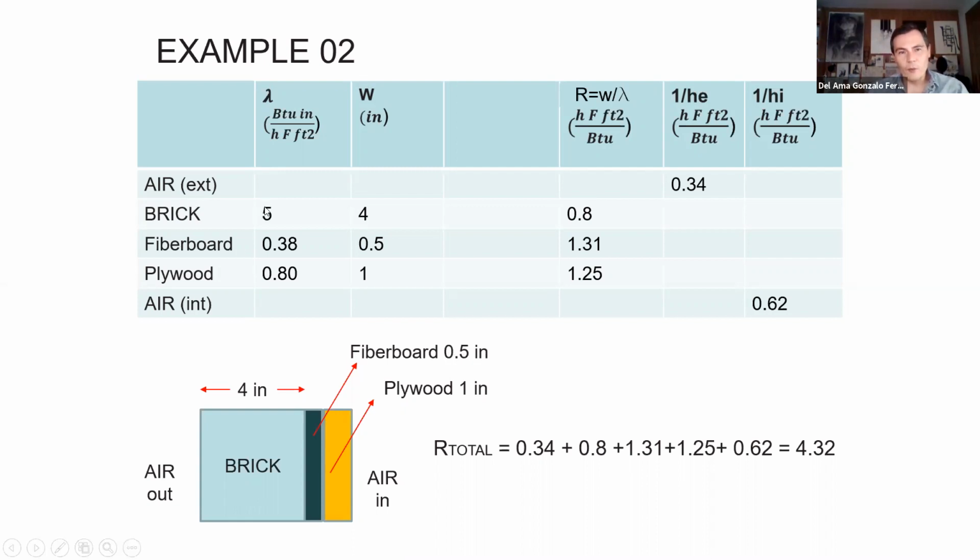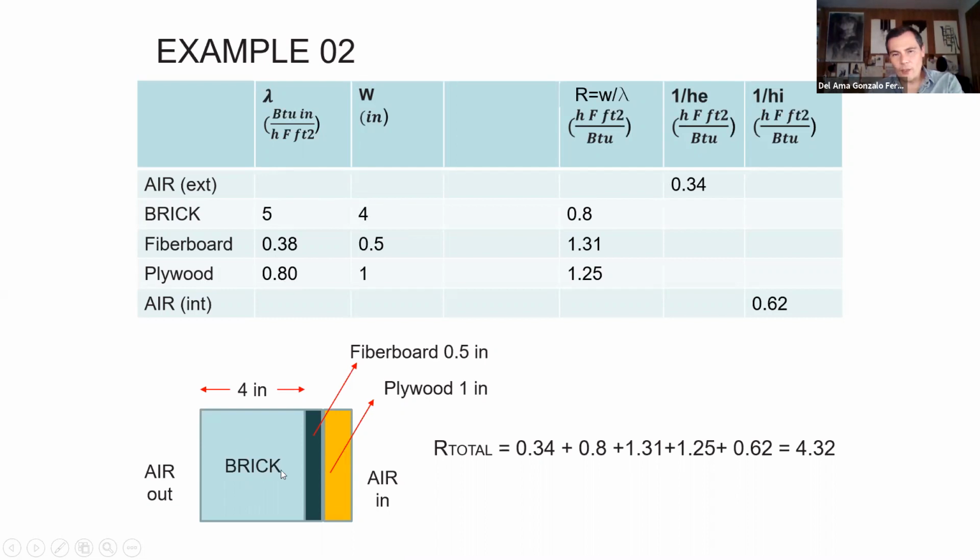For the brick, we have the thermal conductivity, 5, and the thickness, 4. The fiberboard is 0.38 thermal conductivity, thickness 0.5 inches. And plywood, the thermal conductivity is 0.8, and we have a 1-inch plywood board. It's too much, but I told you, this is just an example. Here, it's always the same.